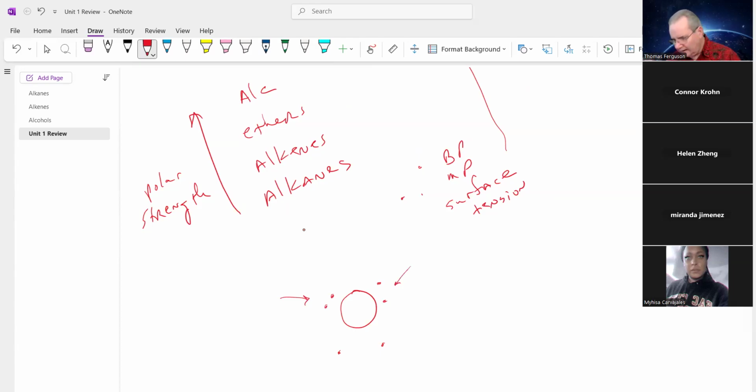And when anything bonds to oxygen, it ends up having a 105-degree angle. Therefore, it's lopsided and not symmetrical, and that's what makes it polar.